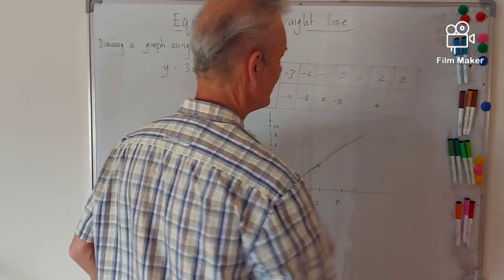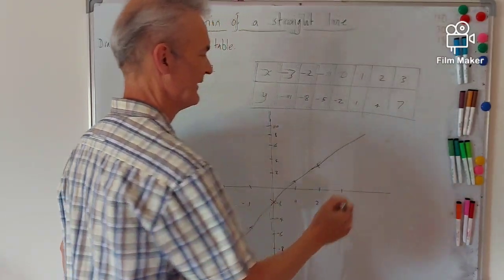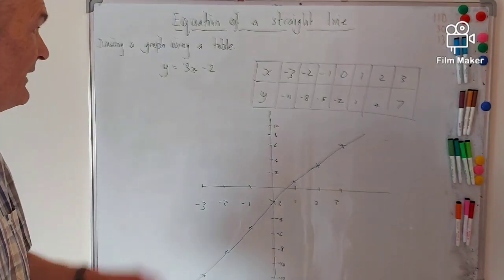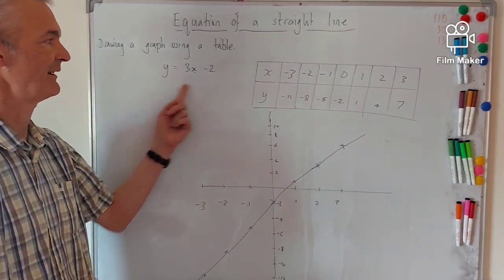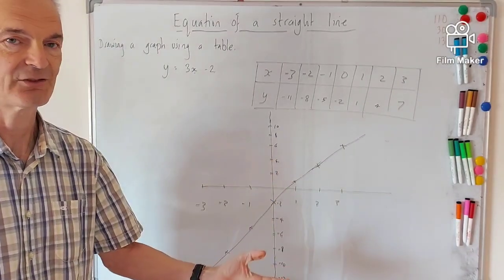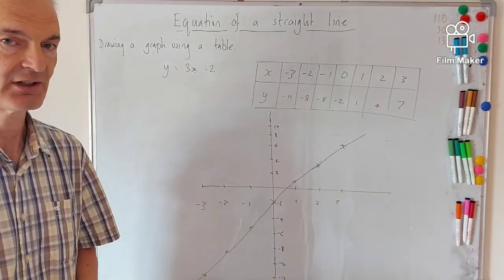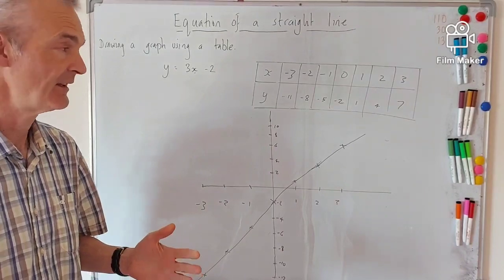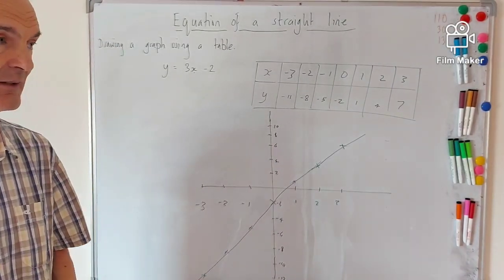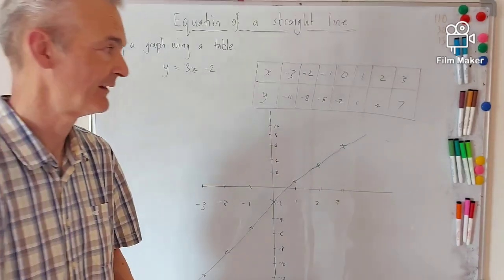Go back and look at it again, and you find it should have been 7, so it would be on that line. You need to recognize that this is a straight line. So when you plot the points, you should get a straight line. If you don't get a straight line, then you need to look at the points that are not following the pattern and check them out to make sure you get it correct.